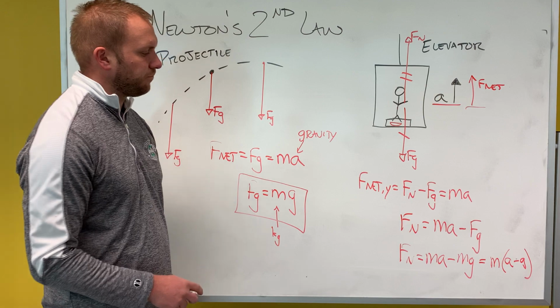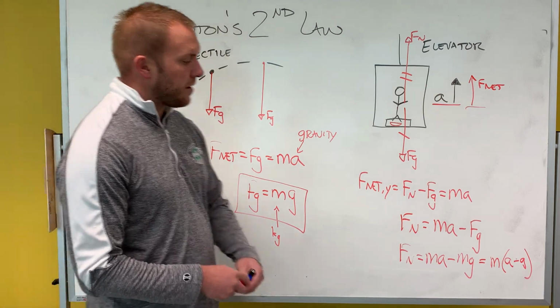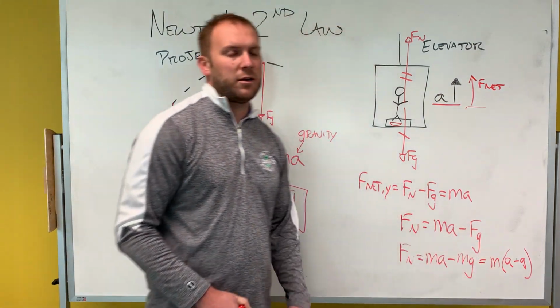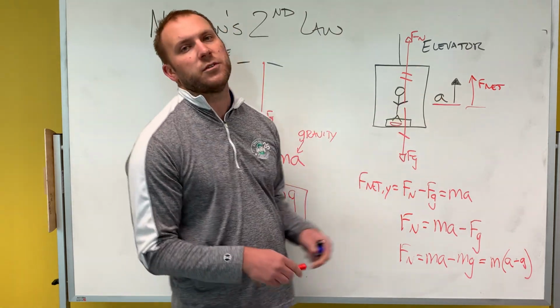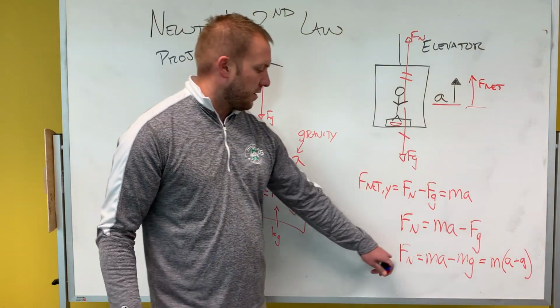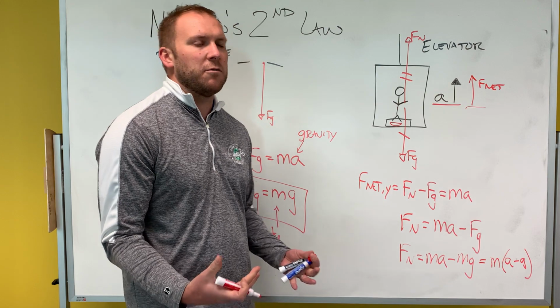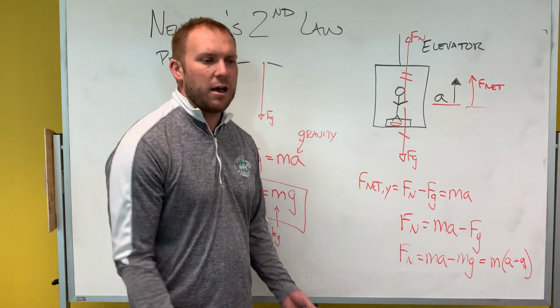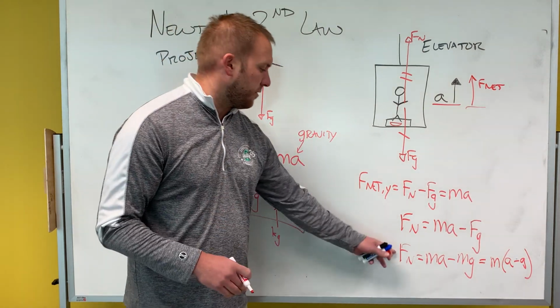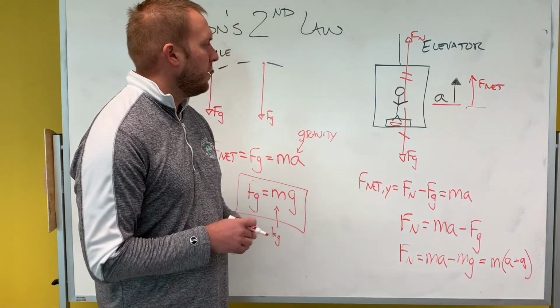And you have to pay attention to the direction of my acceleration. This would be a positive acceleration, right? Which would actually give me a bigger normal force. So I have a sense of being heavier as the object is being accelerated upwards, right?